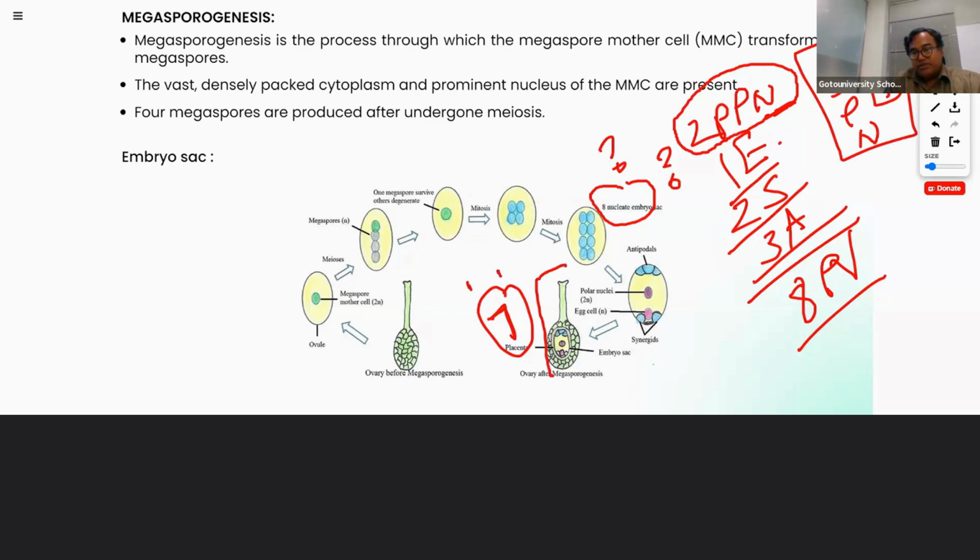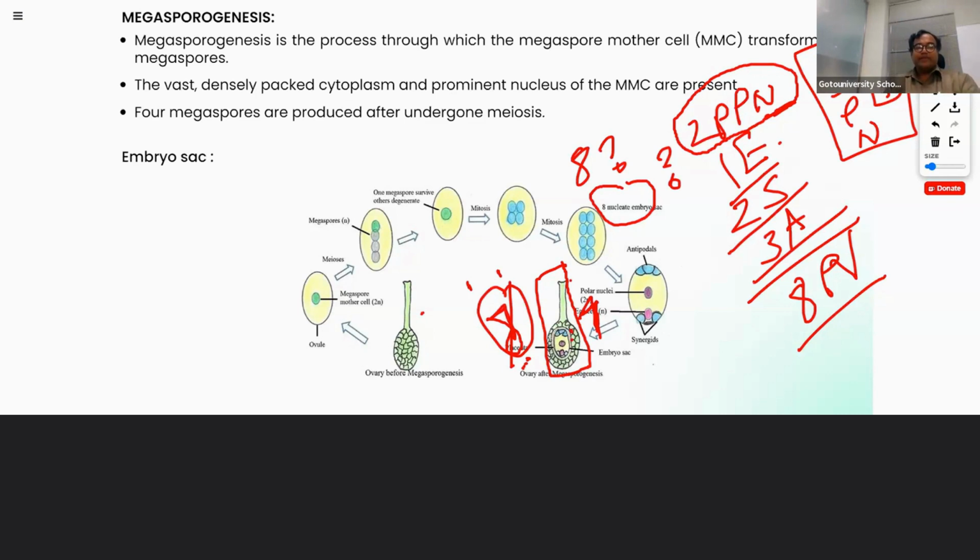Here in this structure we can use the word eight, and in this place seven. So at the last stage, the eight slowly changes into seven. Why? Because of the fusion of the two primary polar nuclei.